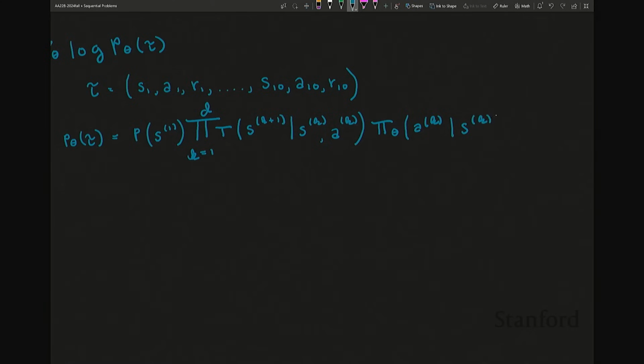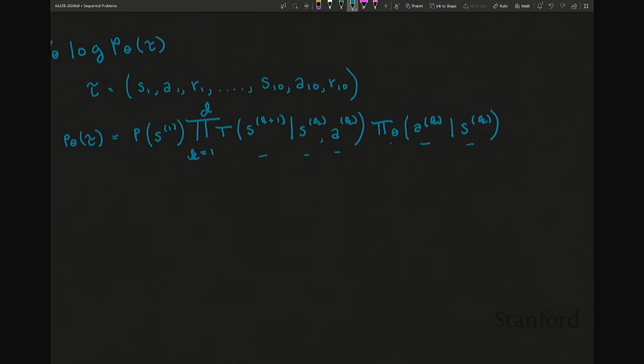So our policy says, for this state, how likely is this action? And then we say, based on our transition probabilities, given this state and this action, how likely is the next state in the trajectory? And this whole product gives us the likelihood of our trajectory tau according to our policy parameterized by theta. Does that make sense?